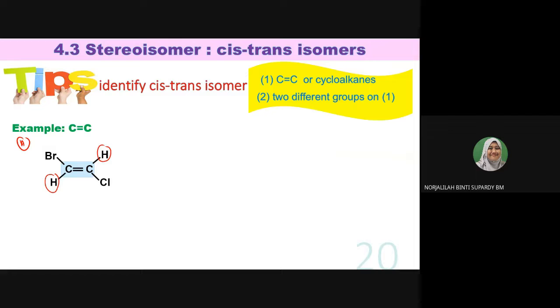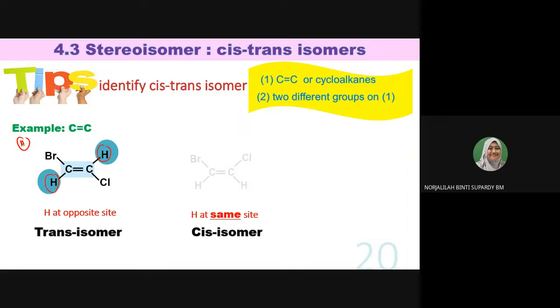The cis isomer will show the hydrogen at the same side.